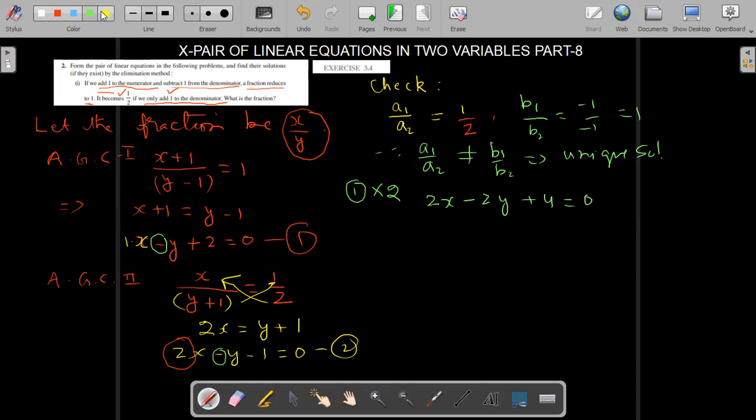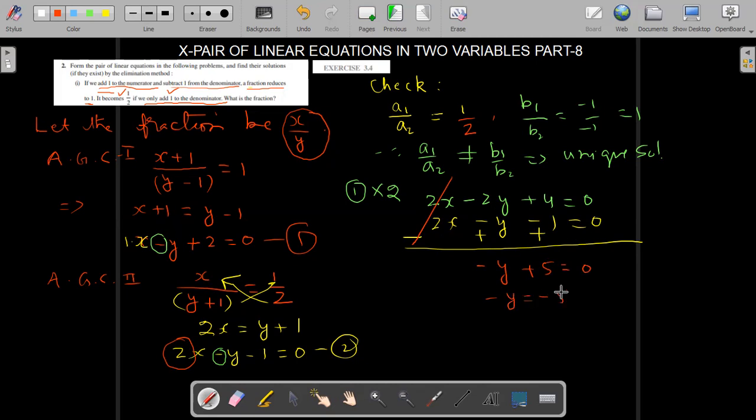And the second equation, write as it is: 2x minus y minus 1 is equal to 0. Subtract, minus plus plus, and 2x will cancel. We get minus 2y plus y, 4 plus 1, 5 is equal to 0, or minus y is equal to minus 5, or minus minus cancel, y is equal to 5.